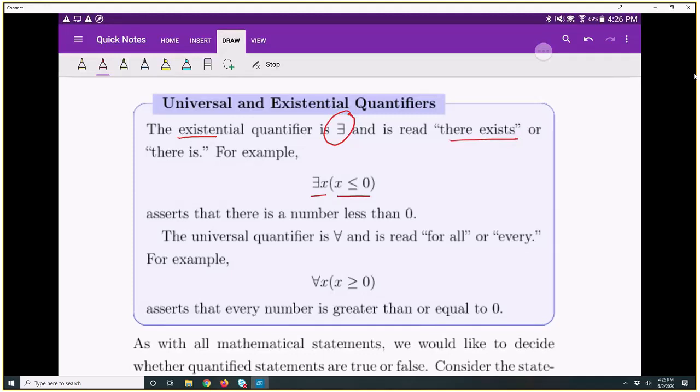On the other hand, the universal quantifier, which is denoted by this symbol, in words means for all or for every. You might see it written like this. We would read this as for all x, x is greater than or equal to 0.